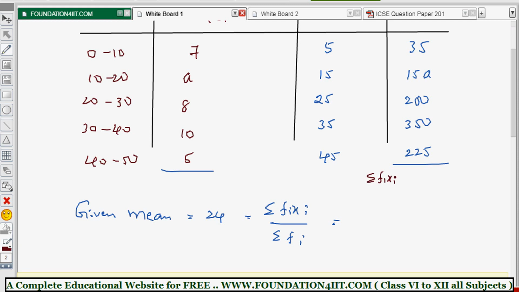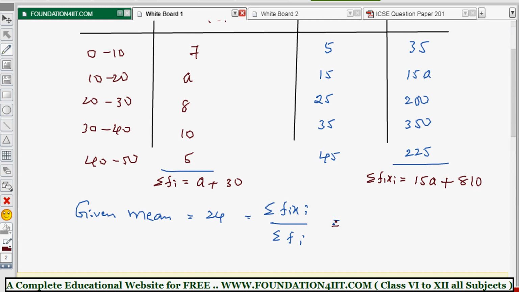So sigma Fi xi and sigma Fi. So 35 plus 15a is fixed, 15a, because we don't know the a value. And the remaining numbers, if I add 35, 200, 350, 225, it is 810. Now here a is fixed, plus the remaining 7, 8, 10, 5, that is 30.